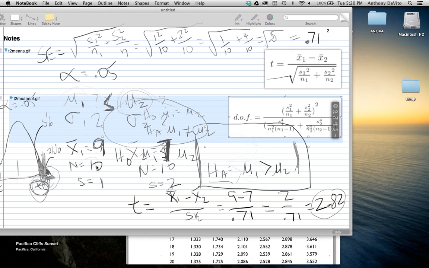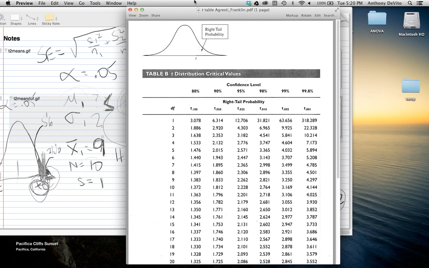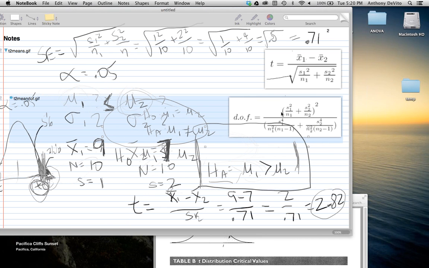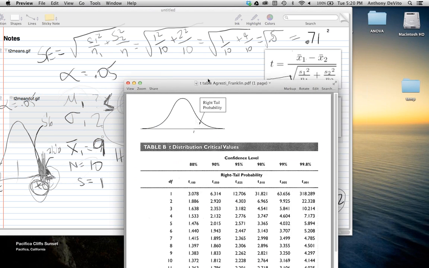I take 10 and subtract 1 from it and say that the degrees of freedom are equal to 9. Alternatively, if you have the time, you would use this formula to actually calculate the degrees of freedom. Somebody who has time later on might want to give it a try for this example and see what number you come up with. But I'm going to use 9 instead.